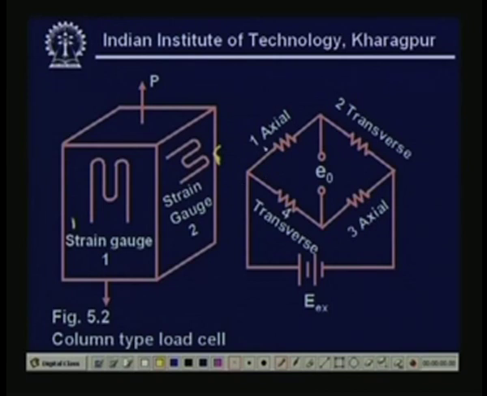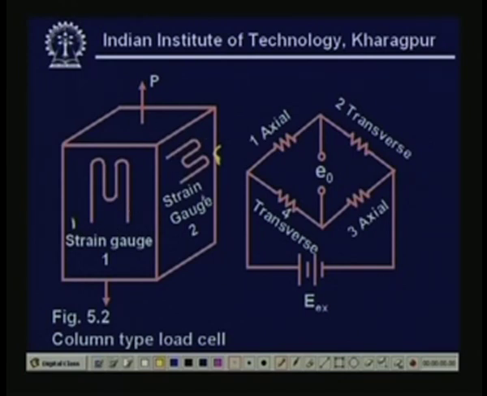And this is axial, that is the reason we call it axial strain. These are resistances R1, R2, R3 and R4. This is subjected to axial strain, this is subjected to transverse strain. Gauge number 3 again is subjected to axial strain, and gauge number 4 will be subjected to transverse strain. Now, orientation of the gauges, this will be like this.